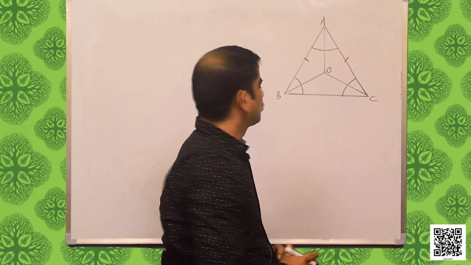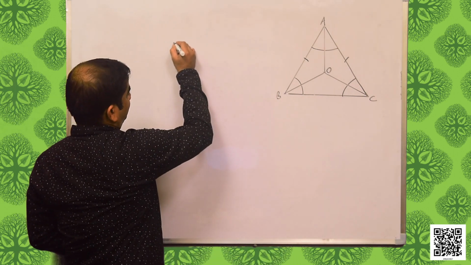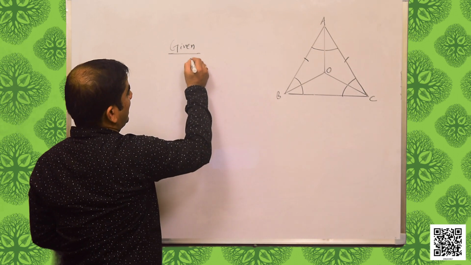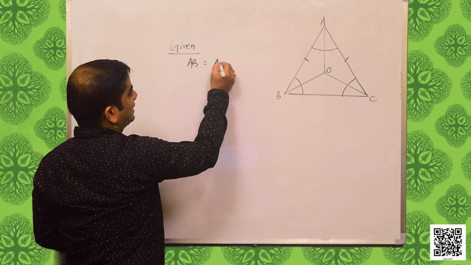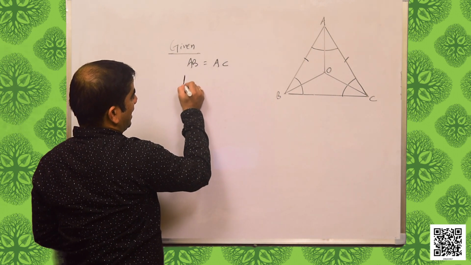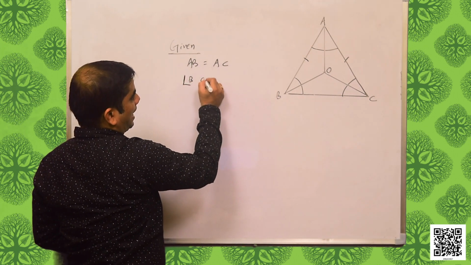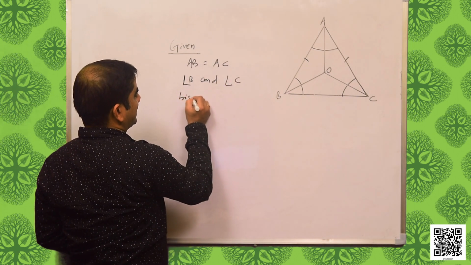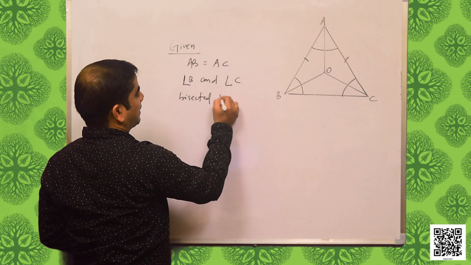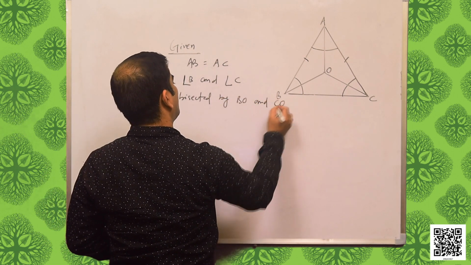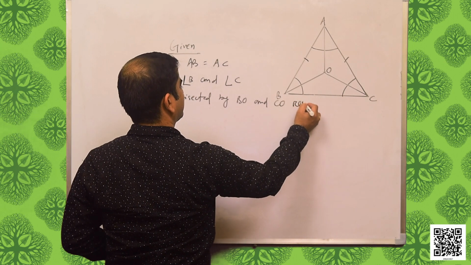Fine. So, what is the given data? AB is equal to AC, angle B and angle C are bisected by BO and CO respectively.